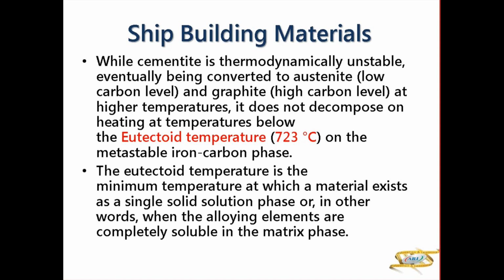If you heat beyond that, how you cool it will change the molecular structure of the compound Fe3C. The eutectoid temperature is the minimum temperature at which a material exists in a single solid solution phase, so that your alloying elements are totally soluble in the matrix phase. After that, the changes take place.